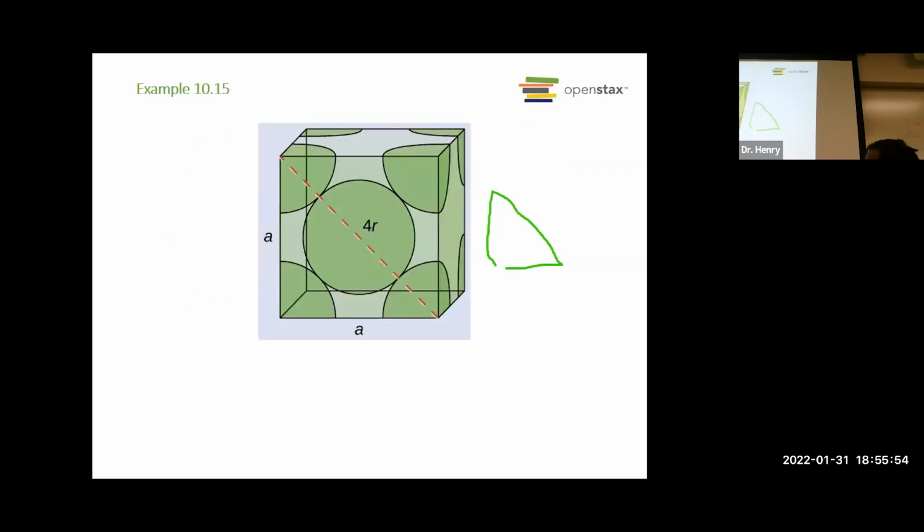So this is what I was talking to you about earlier. This length here is going to be 4R or 2D, right? And then we're going to have to use the angle to calculate the sides.